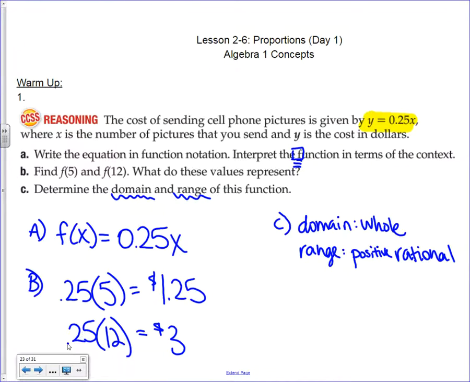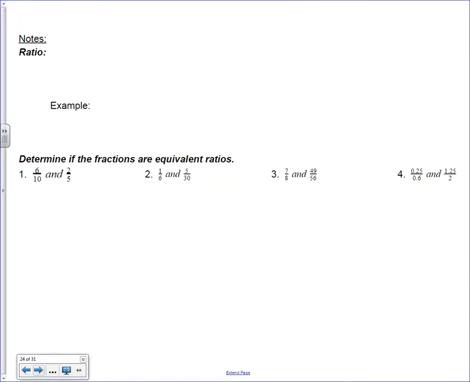Leads me right in. This is a perfect segue into the word ratio, which is your first vocabulary word, right? A ratio is a comparison of two numbers. Guys, what do ratios look like? Yep, that's called a colon. A colon B. What else could a ratio look like?